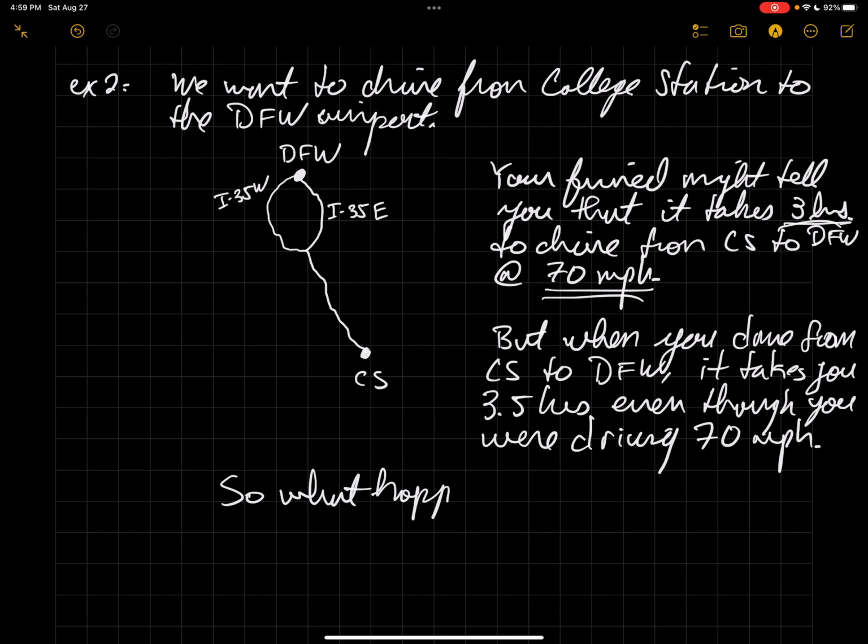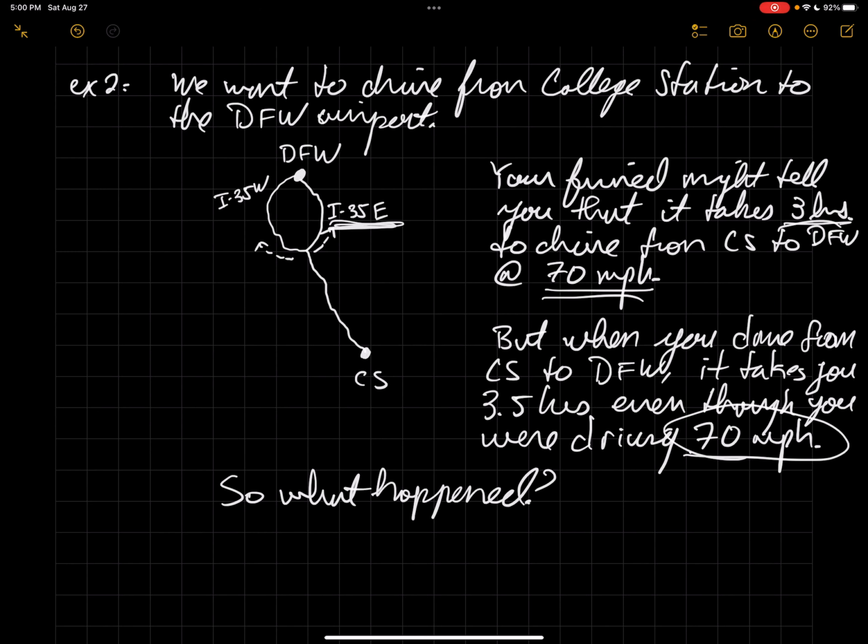So what happened? Well, as you can imagine, your friend was perhaps assuming that you were going to take this direction along I-35 East, but you in fact took this direction along I-35 West, which is a little bit longer. And therefore, even though you correctly used the one piece of information that your friend gave you to drive 70 miles an hour, you were not given the second piece of information that you needed to know, which was the direction you were supposed to take.